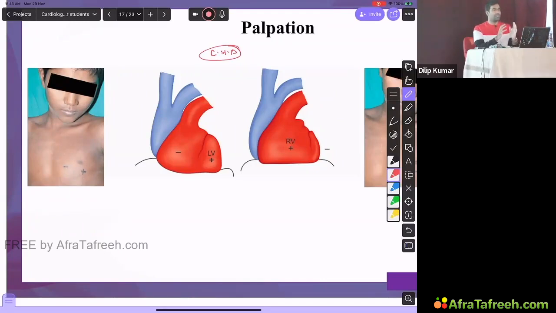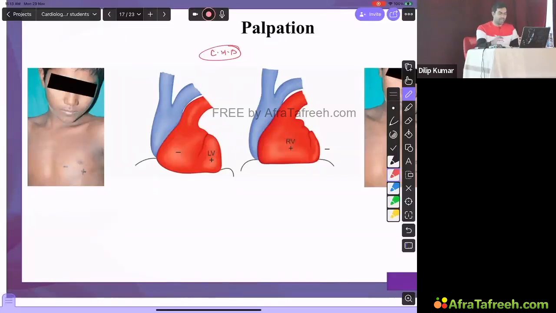So what really happens in the chest wall is your left ventricle will come and hit, and that's called a positive apical impulse. Slightly medial to it, your chest will appear as if it's moving inward because of the movement of the right ventricle backwards. At the same time, the right ventricle is also contracting, which pushes the chest itself slightly inward.